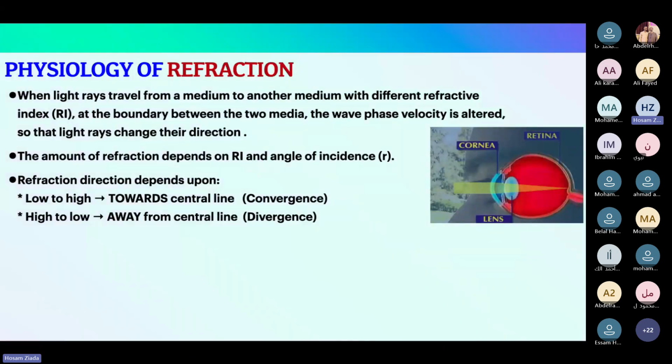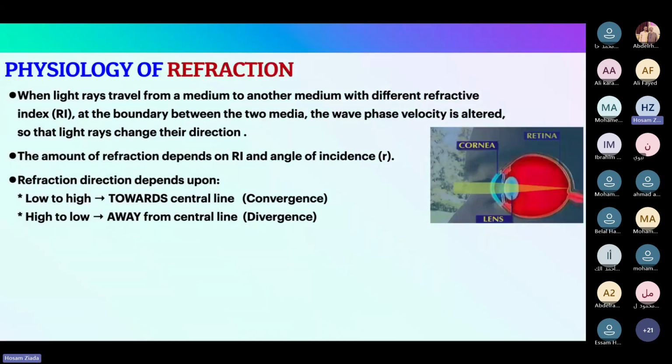Put in your mind that there's a difference between the refractive power and the refractive index, and the surface between two indices, or between two surfaces, at which the light will change direction because of the different refractive index. We memorized together that the refractive index of air to light is 1, which means zero refraction.